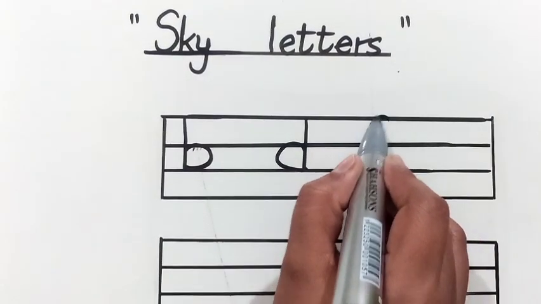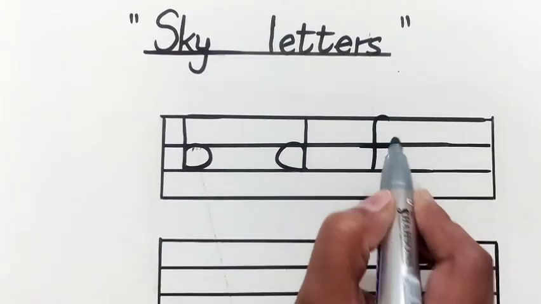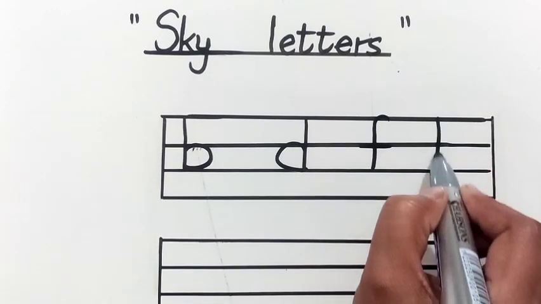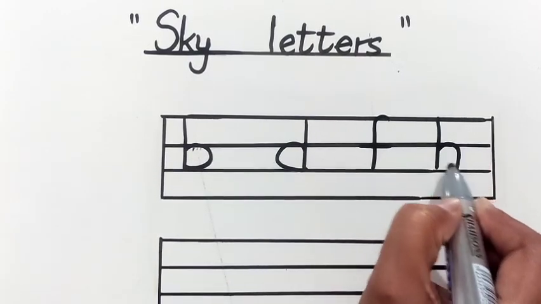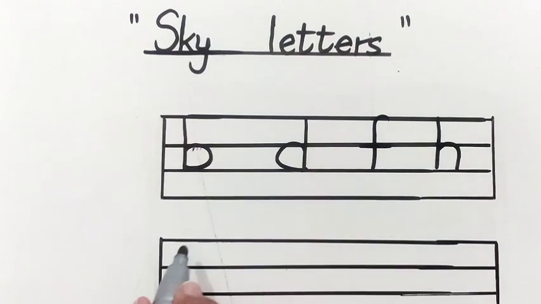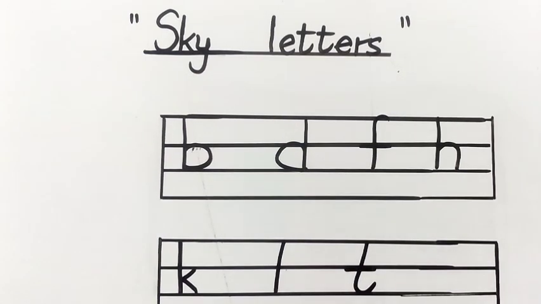After D we have F, H, L. Sorry, before L we have K. K is also a sky letter. After K we have L, and the last one is T.